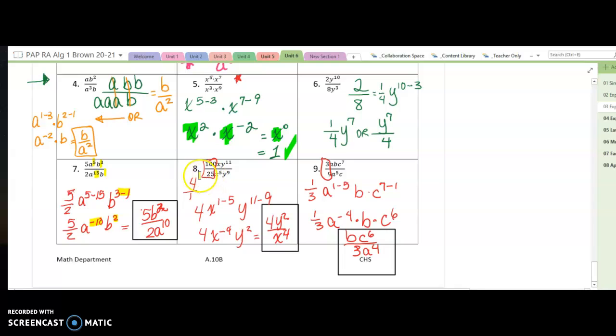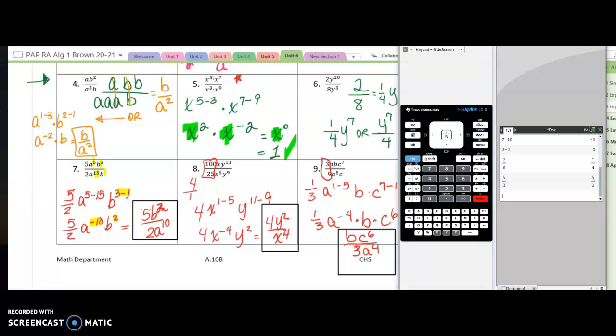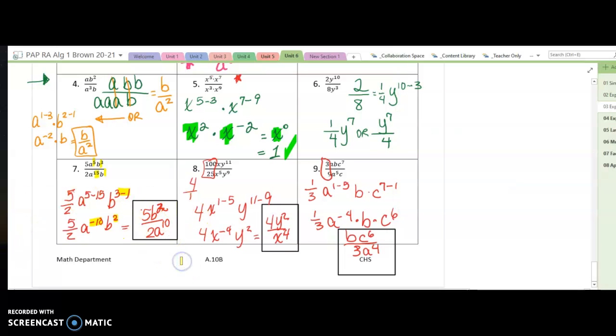All right, so number 8, I have 100 over 25. Again, in your calculator, 100 divided by 25, that gives me a 4. Your calculator will simplify for you. All right, so I have x to the first power. Remember, this is a 1. x, 1 minus 5.